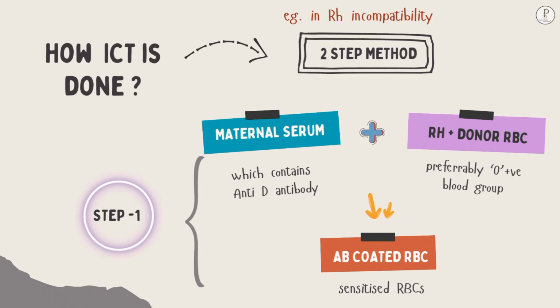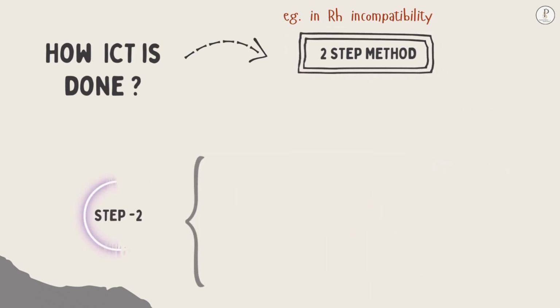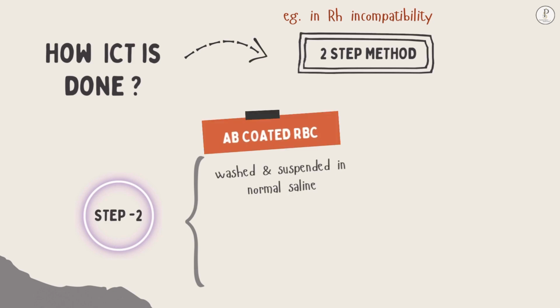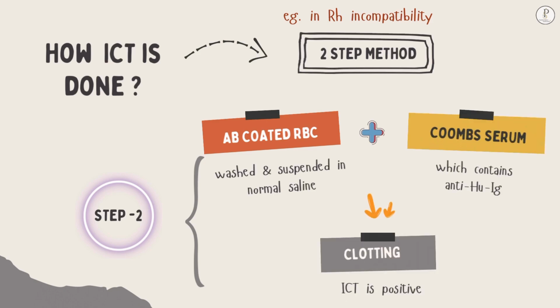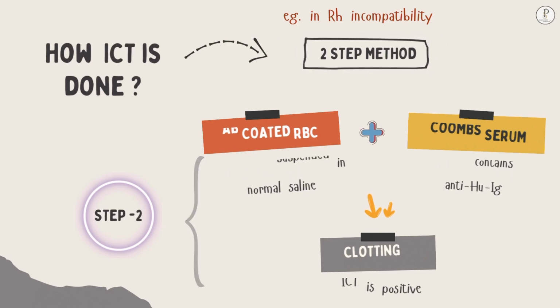Antibody will then attach and coat RBCs. In the second step, antibody-coated RBC is washed, suspended and mixed with COOMBS serum, which is anti-HUIG. If clumping, then ICT is positive.